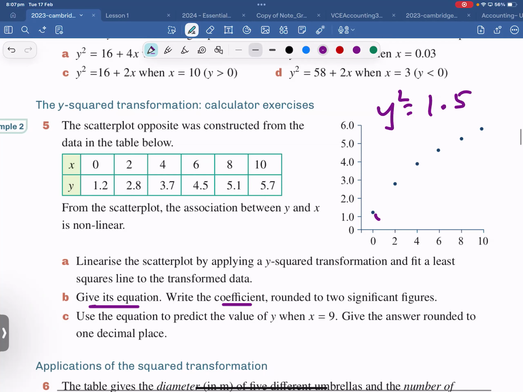No, your point is also correct. They're saying give its equation. Yes, this is not clear. Give its equation, write the coefficient, rounded to two significant figures. I don't know what others got. Sandhya, what did you get? 1.44, or would it be 1.5?